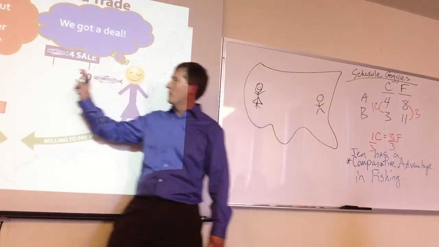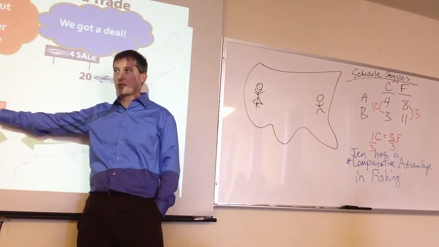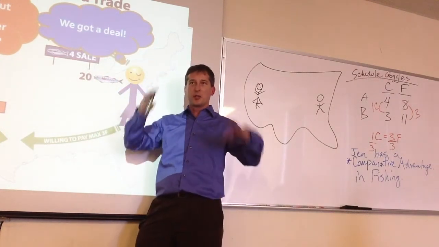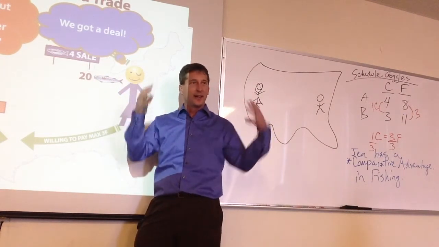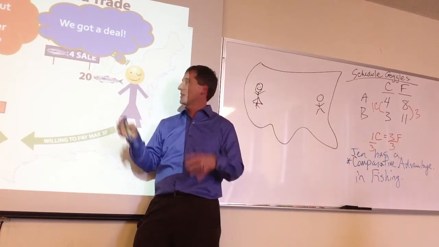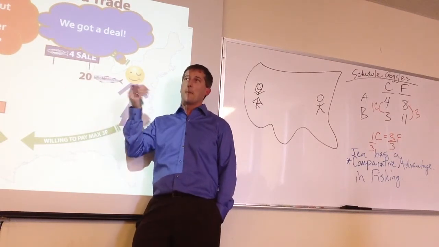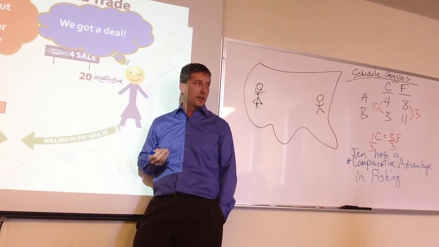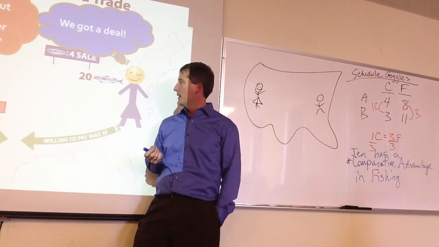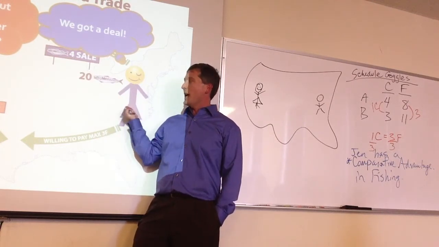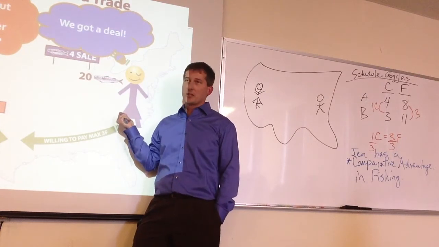So Jen would like a coconut. She's sitting here with all fish. She owns them. There's property rights that are well defined. Tom can't steal these fish, right? So the only way they can do it is through a mutual voluntary arrangement of trade. So Jen could always go get a coconut herself.